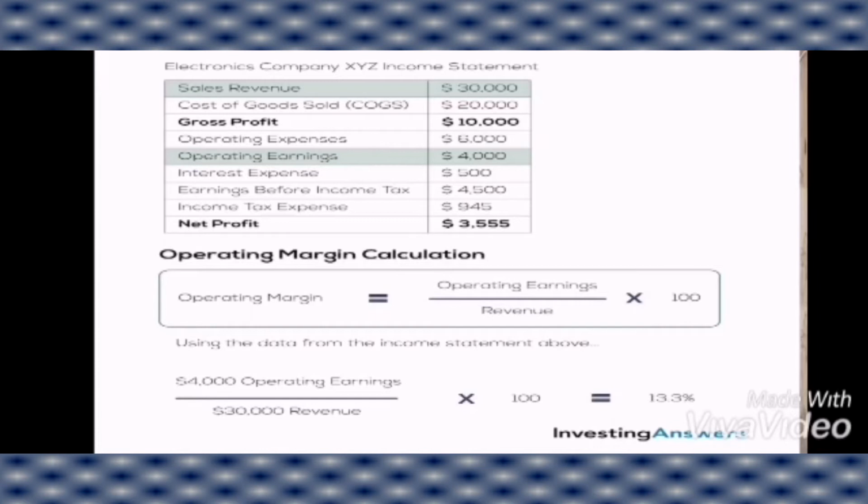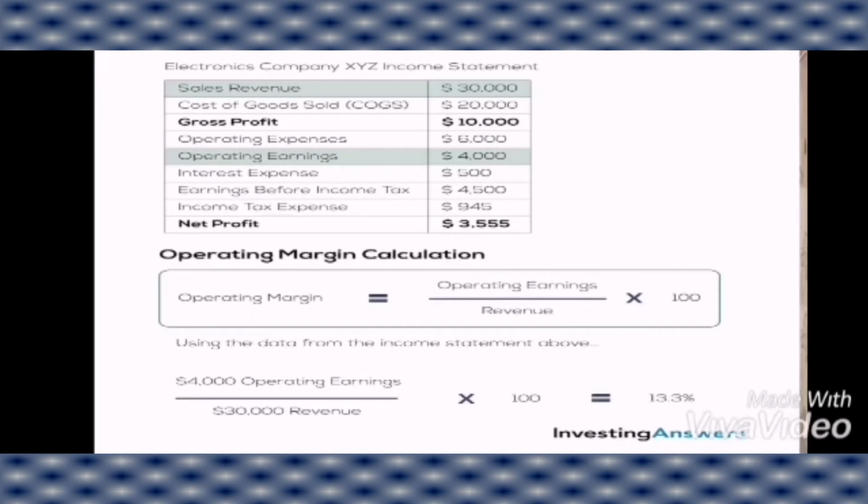Then mag-times sa 100 because, diba, sa pinakauna na gi-discuss nako, ang operating margin is a profitability ratio. So, ratio means percentage. Pwede nimo siya himoon percent. So, mag-times na og 100. So, 0.1333 times 100, atong answer is 13.3%.